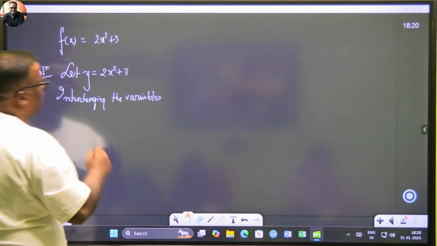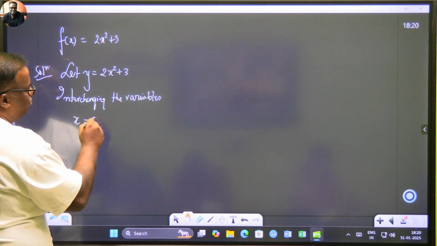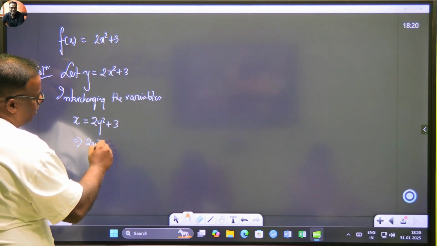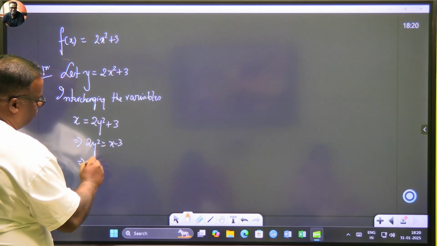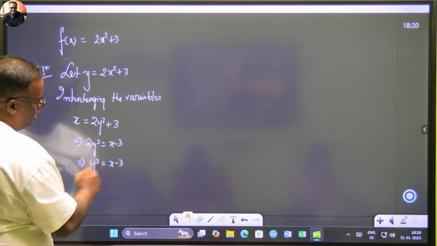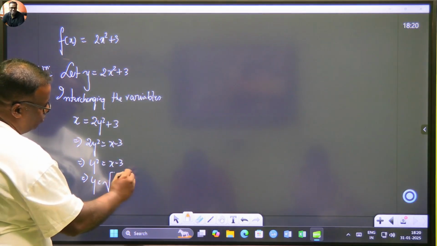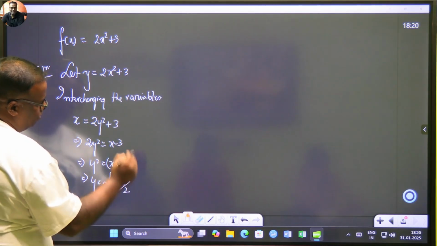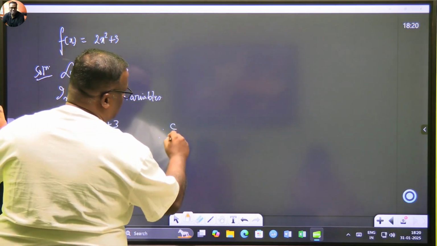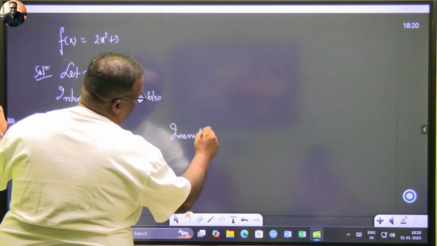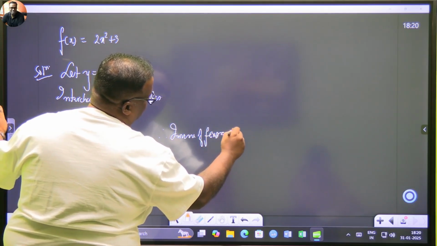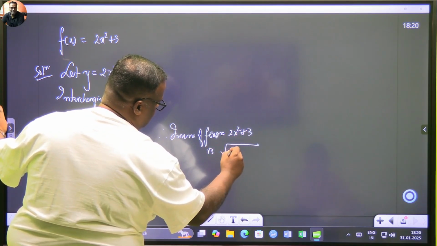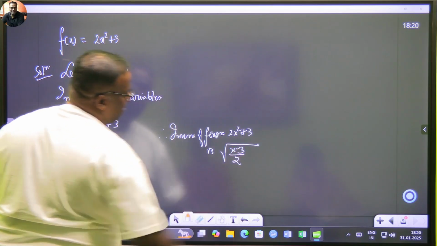So please interchange the variables. x is equal to 2y square plus 3, which gives me 2y square equal to x minus 3, or y square is equal to x minus 3 by 2, or y is equal to under root of x minus 3 by 2. So finally you should write inverse of f of x equal to 2x square plus 3 is root under x minus 3 by 2.